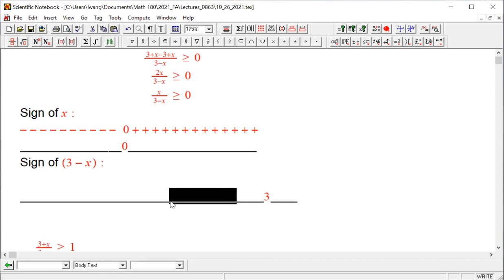So this is 3. When x is less than 3, 3 minus x is positive.